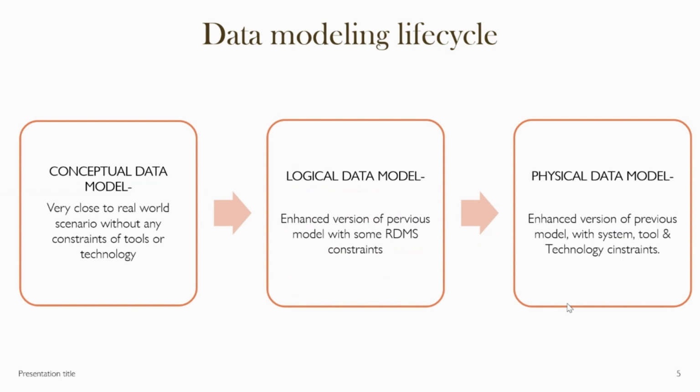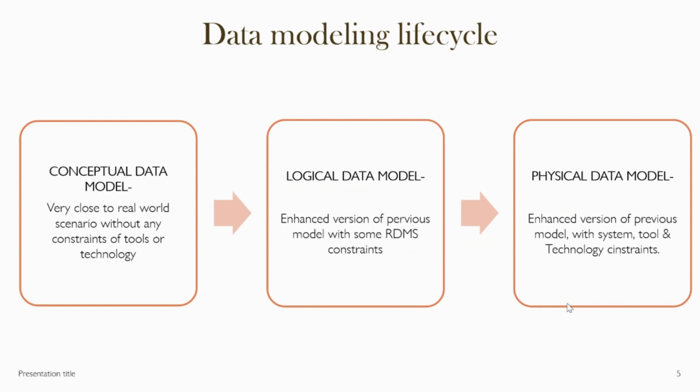If I have to create a data model of a school, then what kind of data in a school will we get? We will get the teachers' data, students' data, subjects' data. All this data I will get, and how these different entities, the teachers, students, subjects, are related, I will define that. And this kind of starting model is the conceptual model.